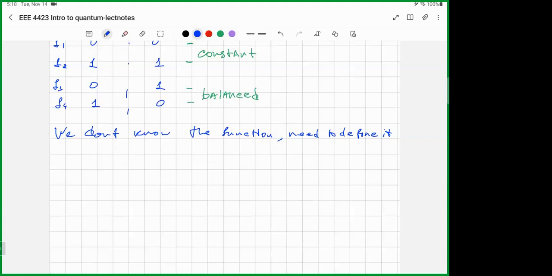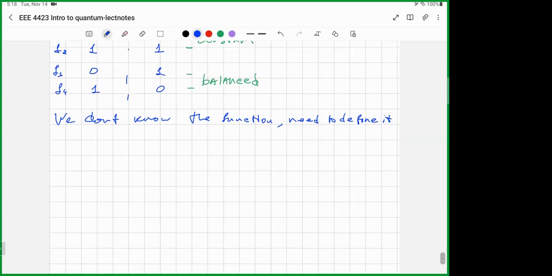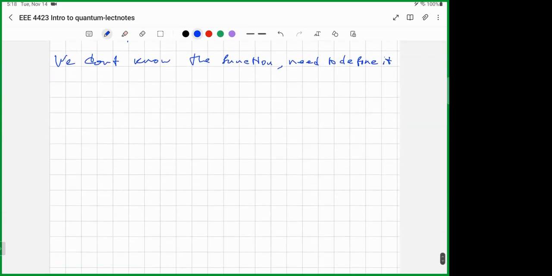All right. So let us discuss the Deutsch algorithm step by step and draw the corresponding quantum circuit. All right, so as usual, we start from state 0 and 0.